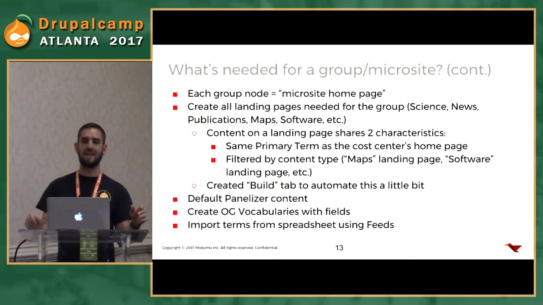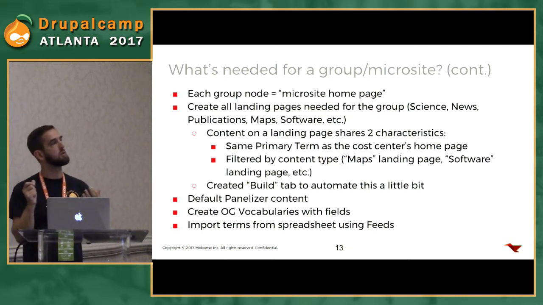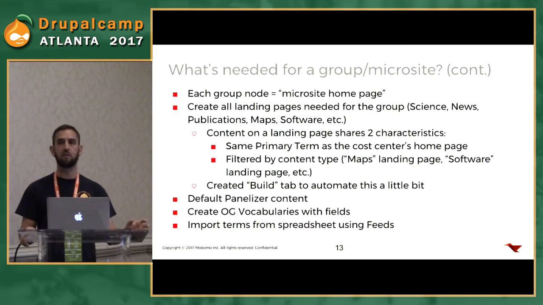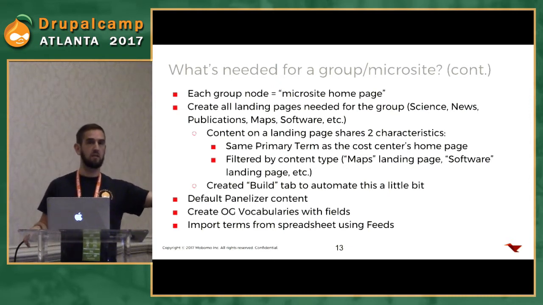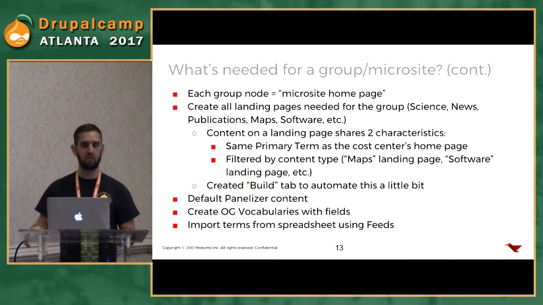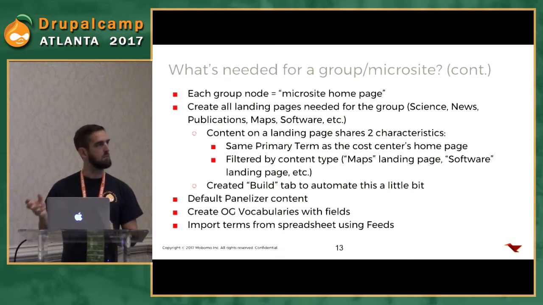So you've got these different landing page types. You have landing page science, landing page news, landing page maps, pubs, software, all the different kinds of group content, but then you needed a place to assemble them that also gave us the ability to have more than just the term itself.